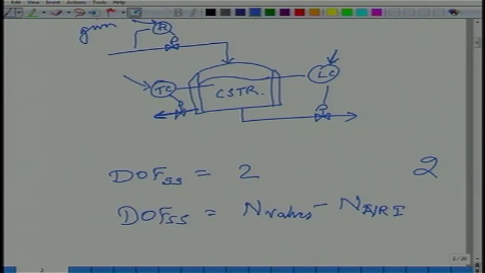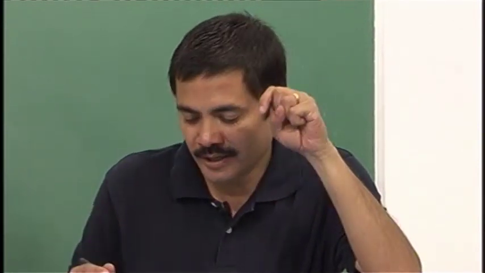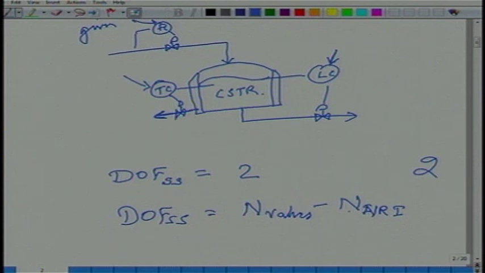Here the inventory is reactive, so how much you have in there must be counted. Earlier I had said number of valves minus number of inventories. Now we are modifying it: number of valves minus number of non-reactive inventories. Does this make sense? Okay, all right.